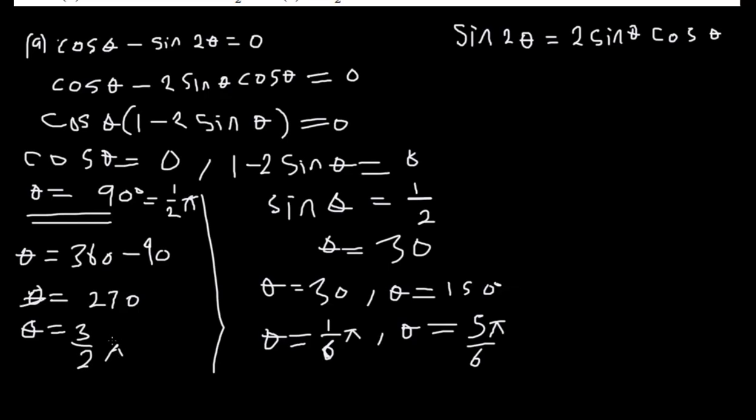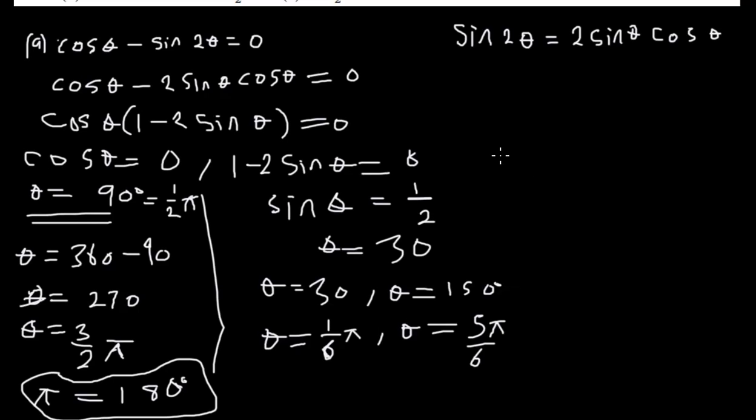In case you've forgotten how to convert the radians into pi, use this. We know that 1 pi in radians is equal to 180 degrees. So this is what you use to convert the angles from degrees to radians.